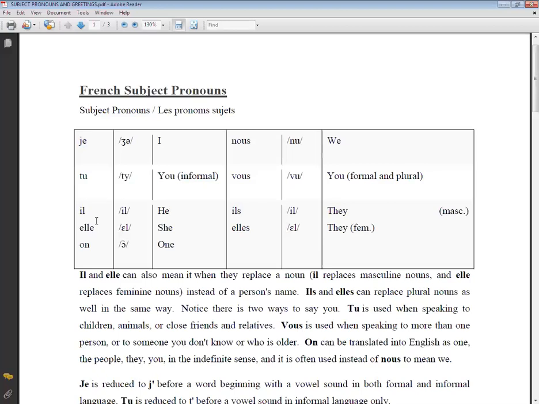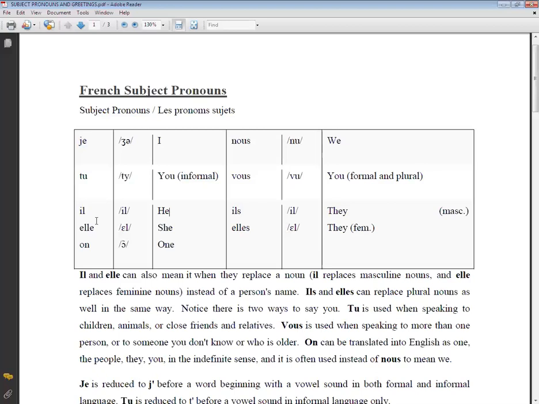Now, on is a neutral pronoun. Sometimes, I don't know whether you've ever expressed yourself in that manner, when you tell someone, I can see someone is happy, tell me what I don't know. So, on is referring to one, someone. That one can be you, that one can be we, that one can be they. You get that? But it cannot be I, meaning you cannot use on to refer to yourself.